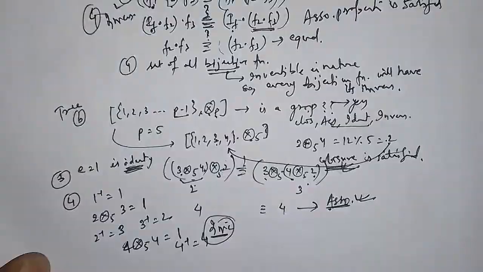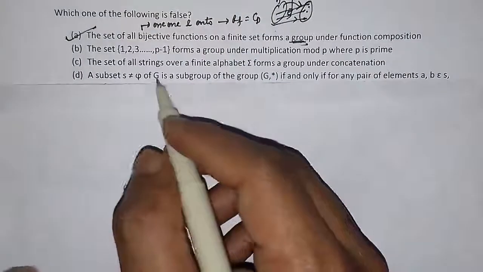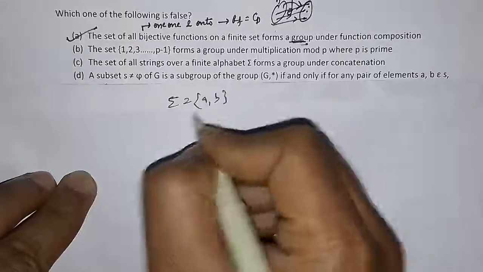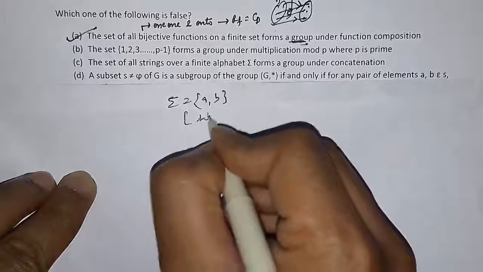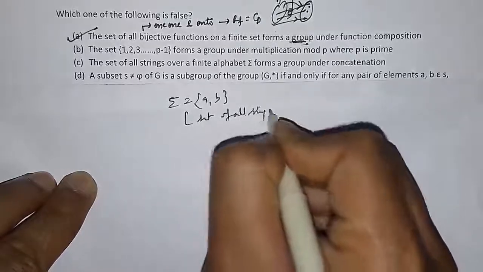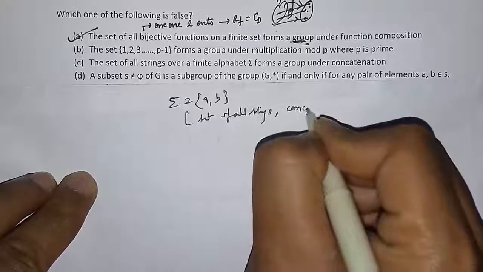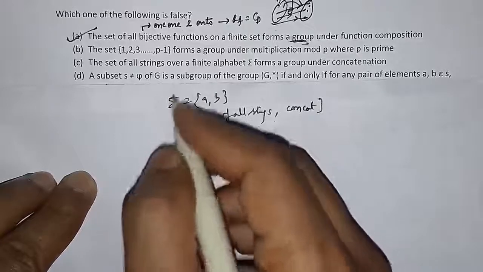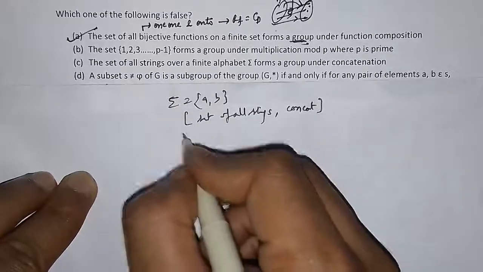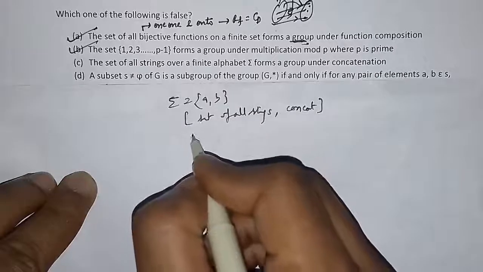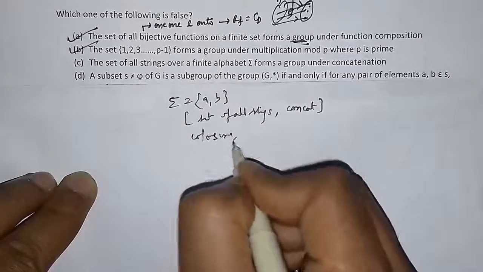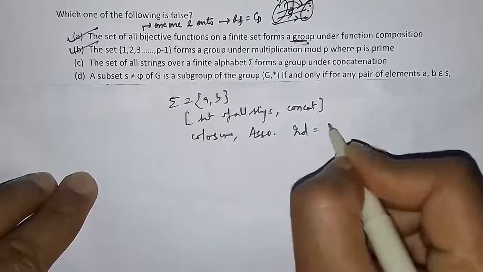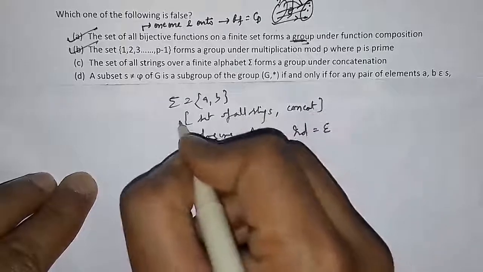Now we will check option C. Option C is set of all strings over a finite alphabet. Let's take an example, sigma is equal to a comma b, and given is the set of all strings and the operator is concatenation. So if you check similarly as we have checked in previous options, closure is satisfied, associative property is also satisfied. Here the identity element is epsilon.